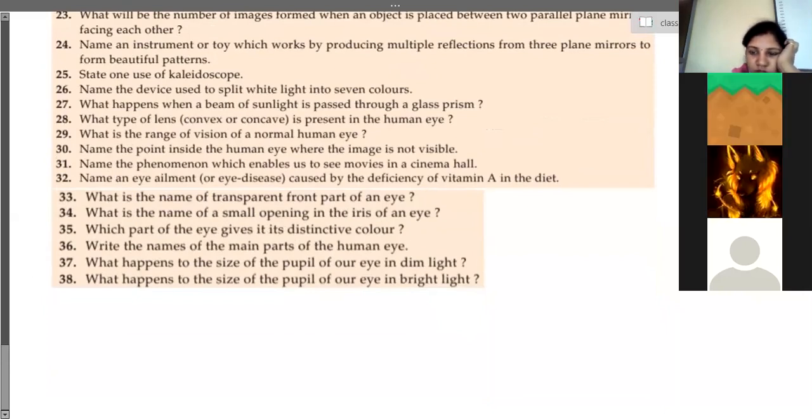Pupil. Which part of the eye gives it its distinctive color? Iris pigment.